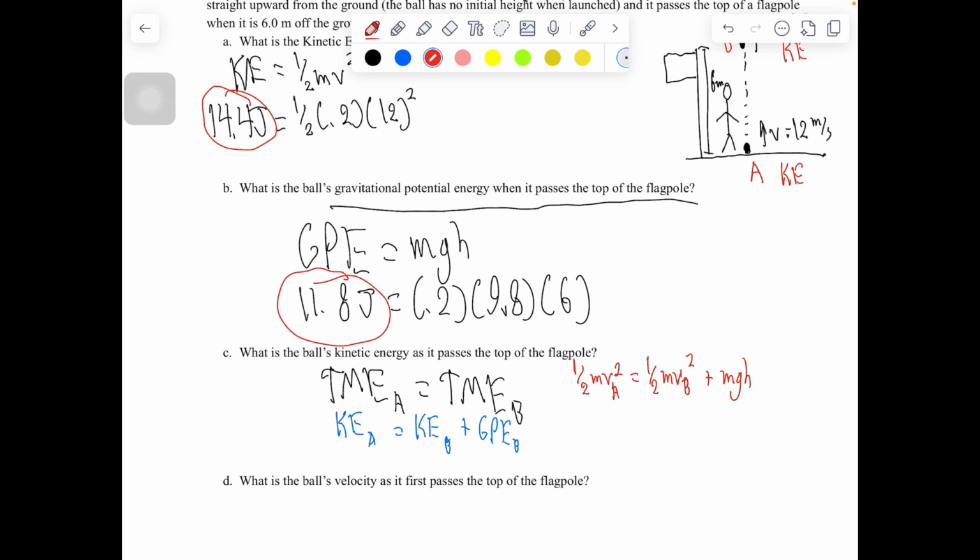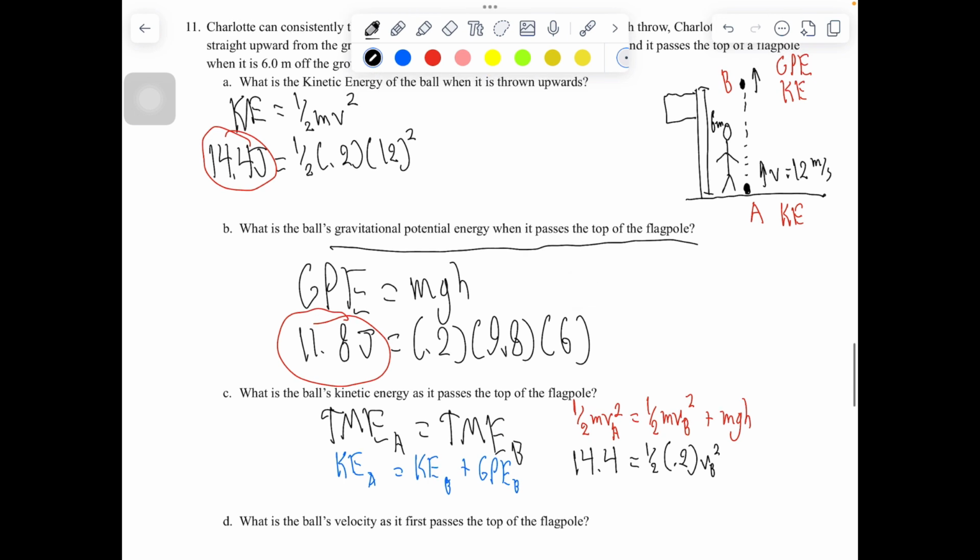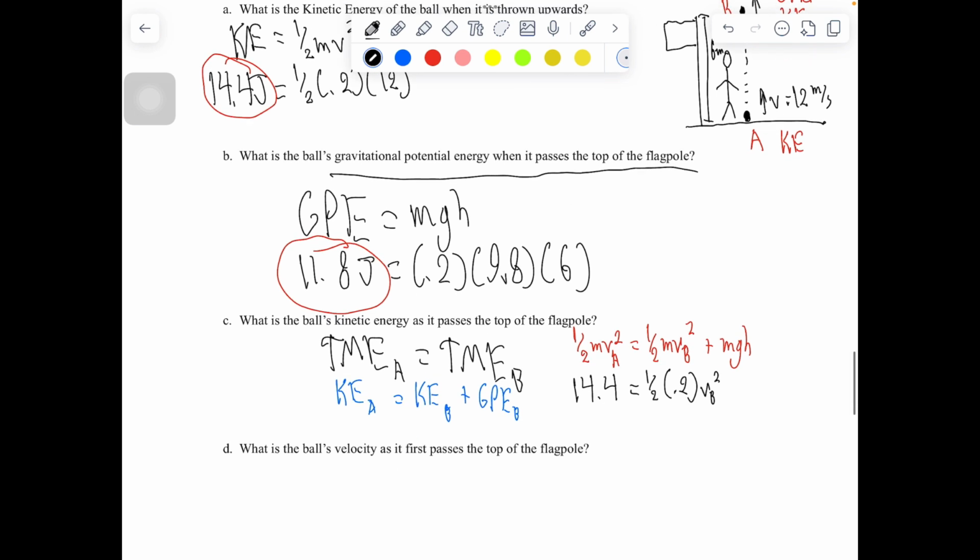So if we go ahead, plug these in, we'd say that initial kinetic, again, it's 14.4. We still have our 1/2. Let's plug in our mass. It is 0.2. VB squared. mgh, the gravitational potential energy, when the ball is 6 meters into the air, is 11.8.